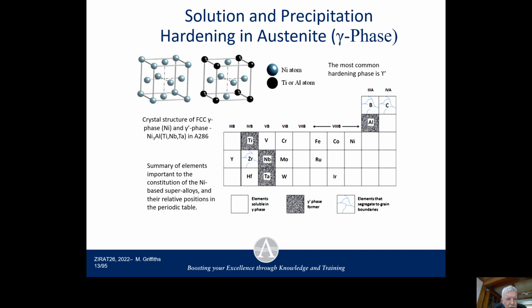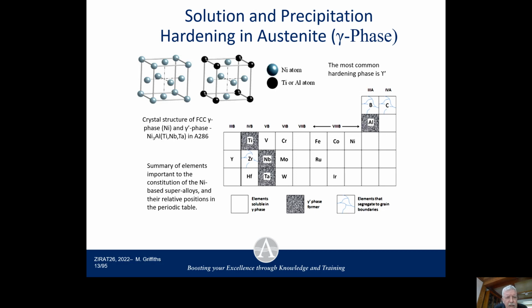And what you have is a structure which would typically be, let's say it's nickel based, but in the case of this alloy, it's a mixture of nickel, chrome and iron. But if there's sufficient nickel, the stable structure is FCC. And if you have titanium or aluminum, you can substitute at various points in the FCC lattice and create a precipitate which has this structure.